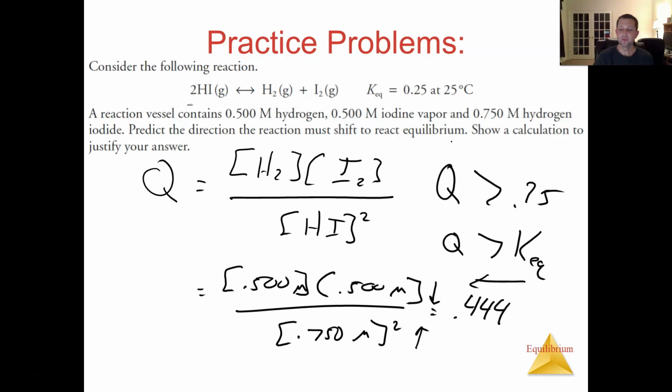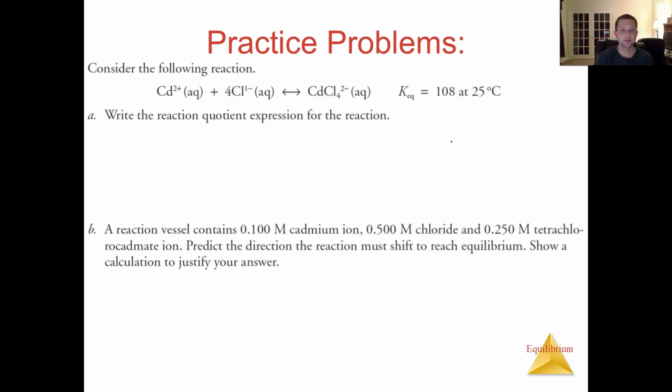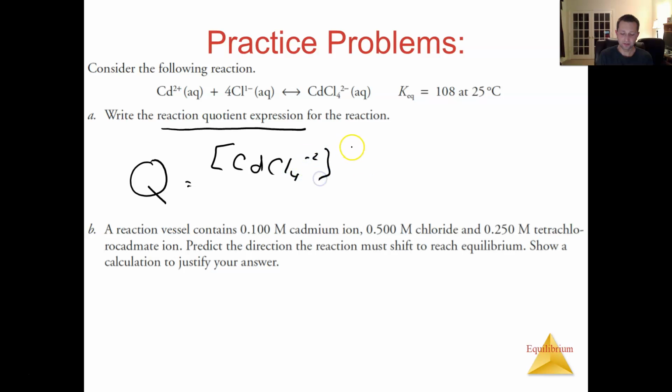Okay, last one here. You guys can give this one a try, and then we can check our work on it once you wrap it up. So for this one, write the reaction quotient expression. It says specifically reaction quotient, so that is Q. Okay, so it's products, so CdCl4 2-.